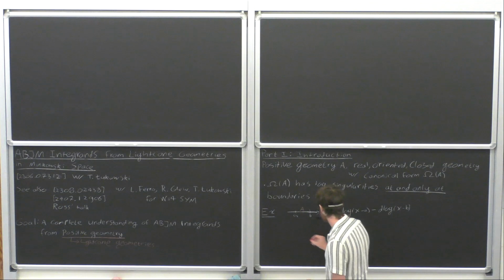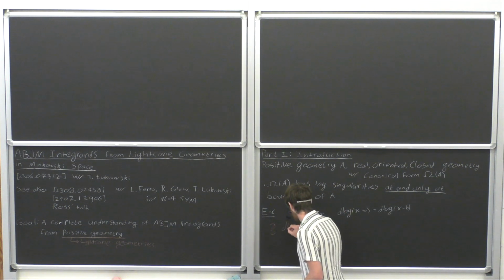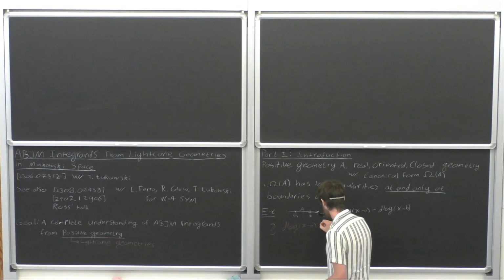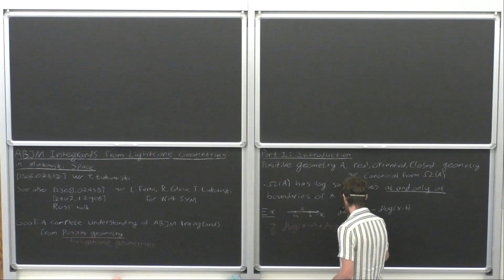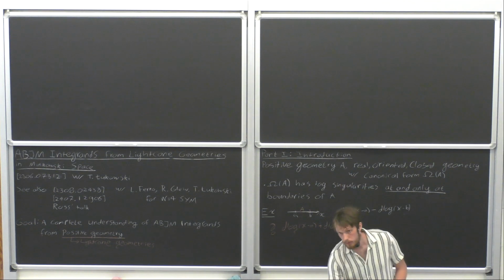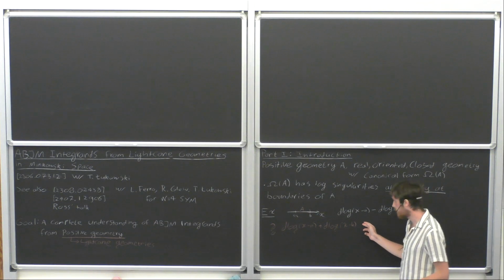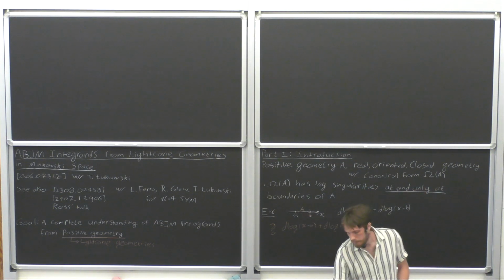Now what if I had instead written down d log (x minus a) plus d log (x minus b)? I would still get a form which has logarithmic singularities when x is equal to a and when x is equal to b.